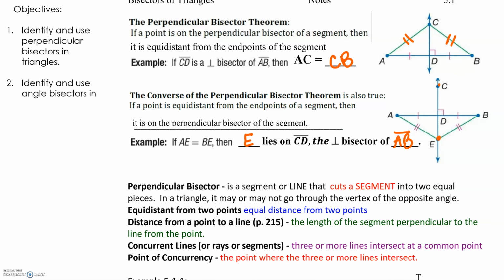So it actually is bisecting AB is what we're saying here. If we know this segment and this segment are congruent, and it's going straight through this point here on the triangle, that's the converse because we're going the other direction. So this one stating the segments are congruent, we know that this line is the perpendicular bisector.